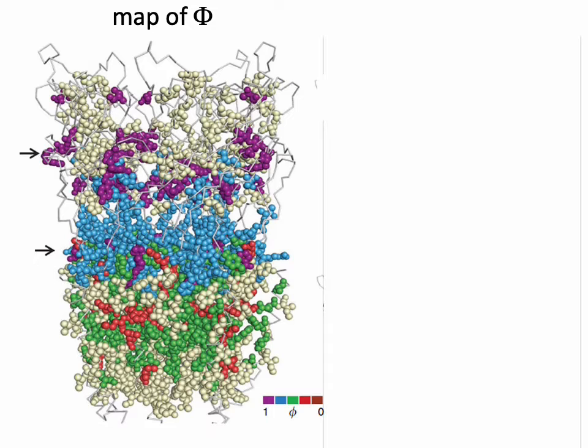These are the amino acids colored according to their phi value, mapped onto the structure of GluCl, with the arrows at the left marking either the neurotransmitter binding sites up above or the extracellular transmembrane domain interface down below.